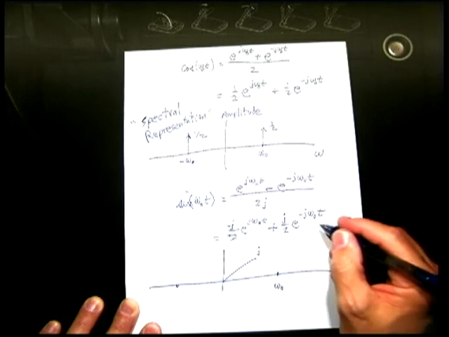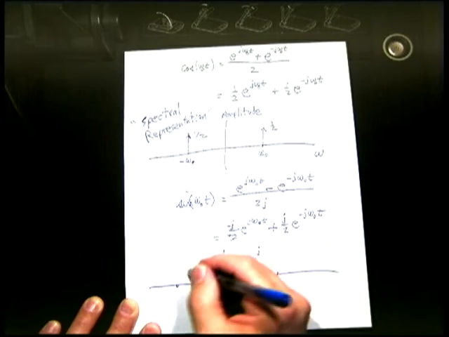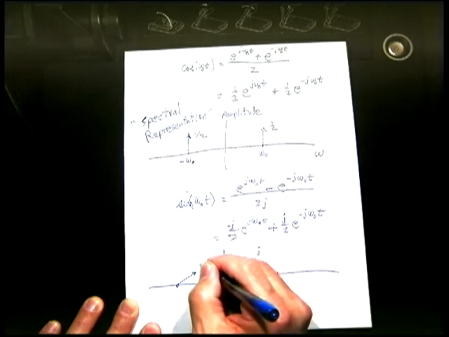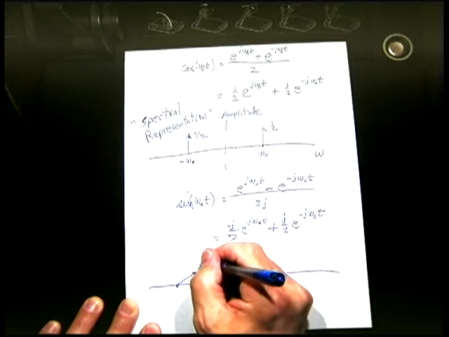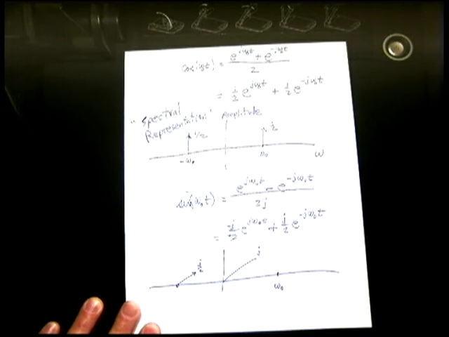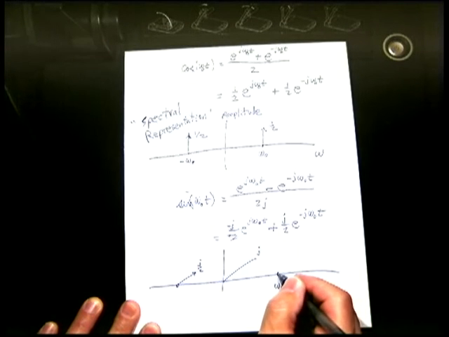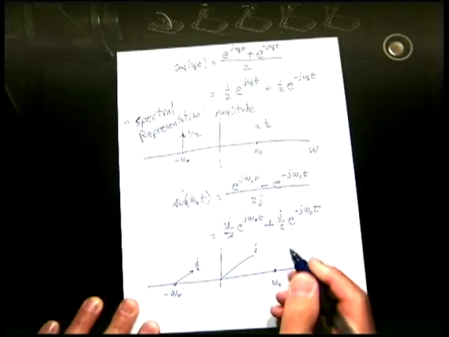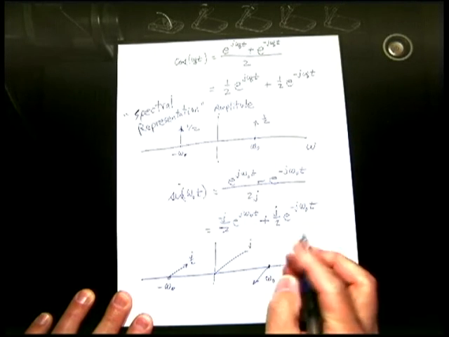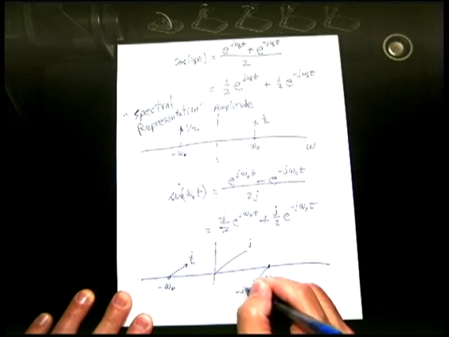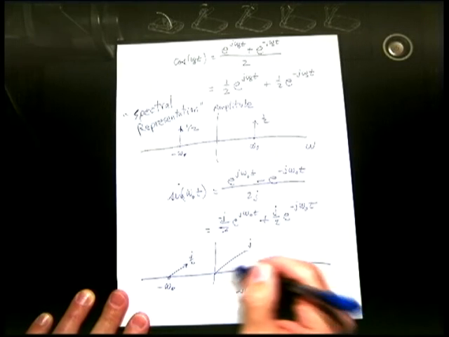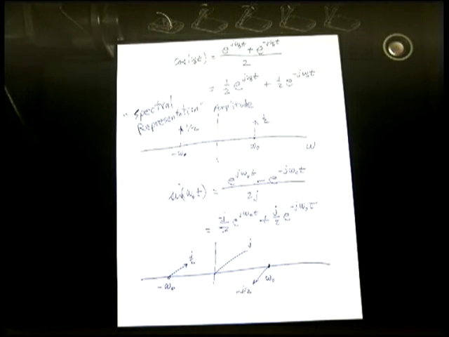And so then at minus omega 0, we have amplitude j over 2. Let me go ahead and include the j. And then at plus omega 0, we have the amplitude minus j over 2. So that convention allows me to put them together.